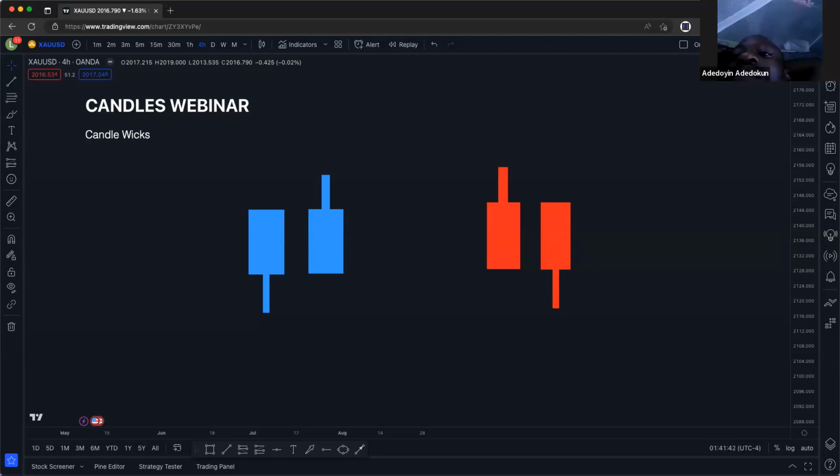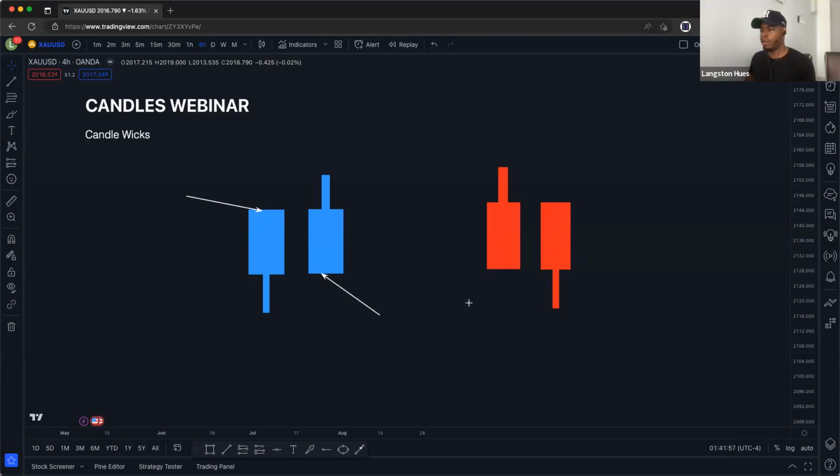Let's mark these candles up real quick. Here, no top wick. Here, no bottom wick. Here, no bottom wick. And here, no top wick, right?